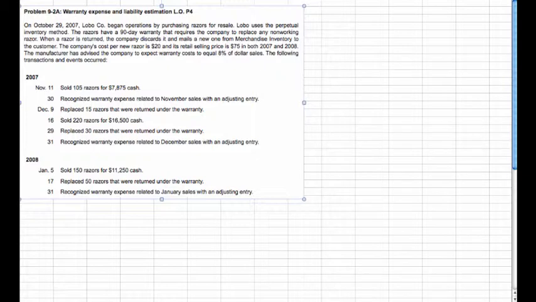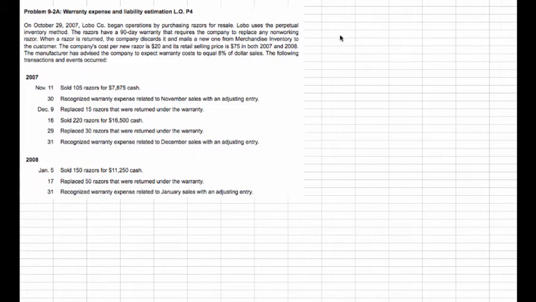And so what we have listed here are a series of transactions for the years 2007 and 2008. So first of all, what we want to do is consider what the journal entries would be if we were to recognize all these transactions.